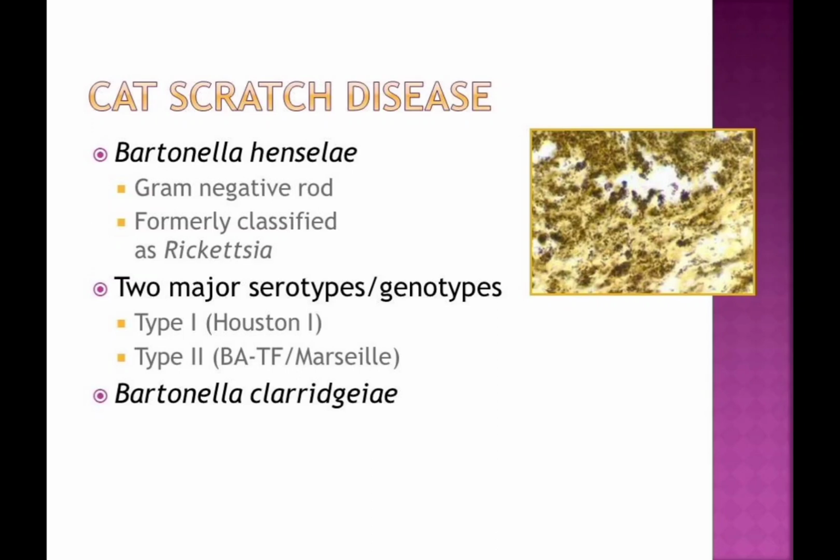There are two major serotypes of Bartonella henselae, type 1 and type 2. Strain variations are thought to exist within these serotypes. Bartonella clarridgeiae, also found in cats, has been implicated in a case of cat scratch disease in a veterinarian.